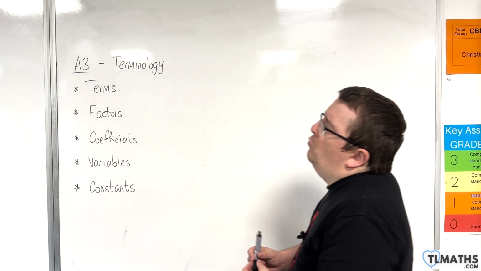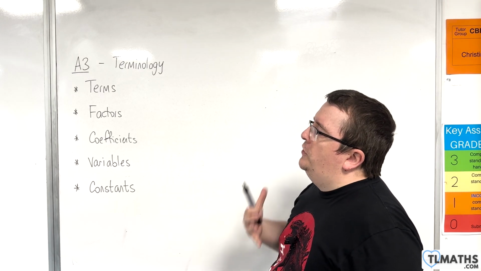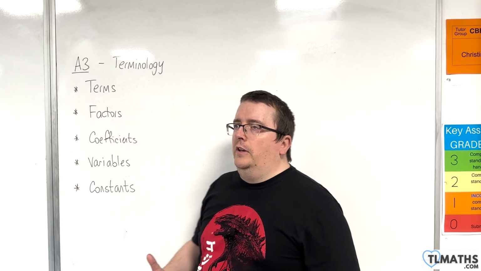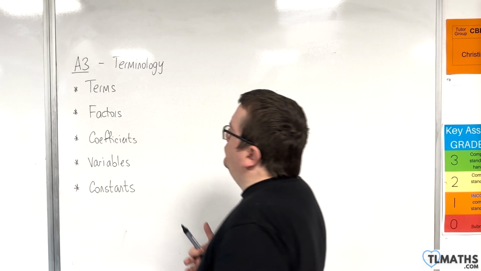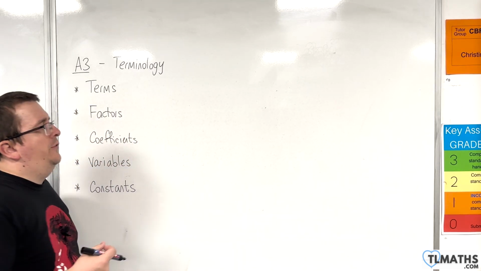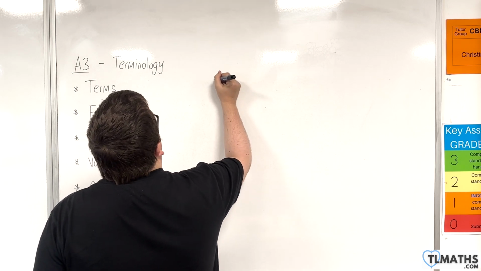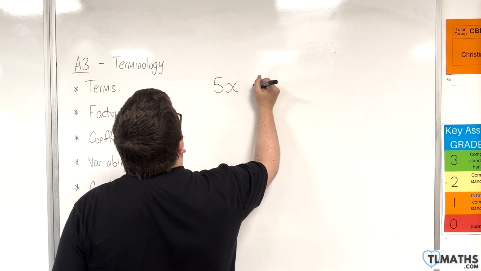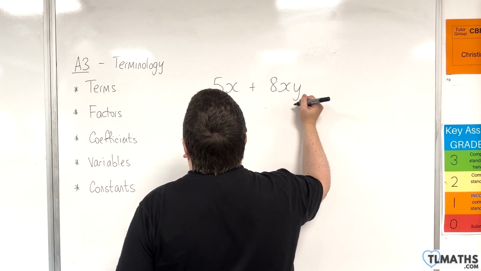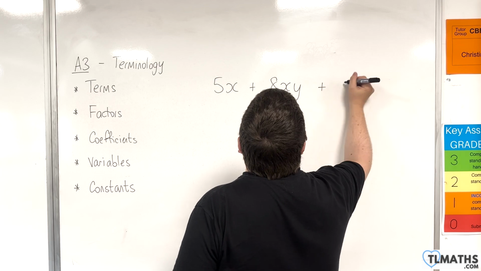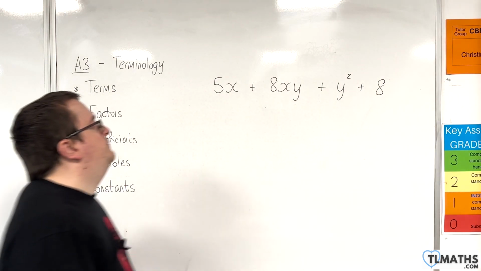So in this video, I want to explain what we mean by terms, factors, coefficients, variables, and constants, all words that I've used in some way. So let's say I write down an algebraic expression. Let's say I've got 5x plus 8xy plus y squared plus 8, for example.